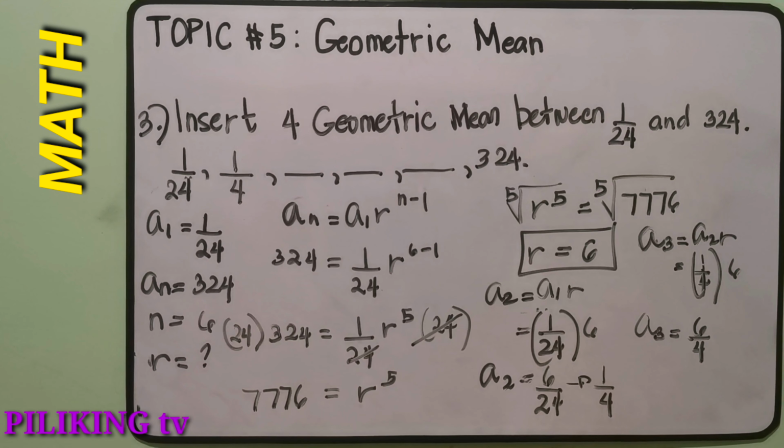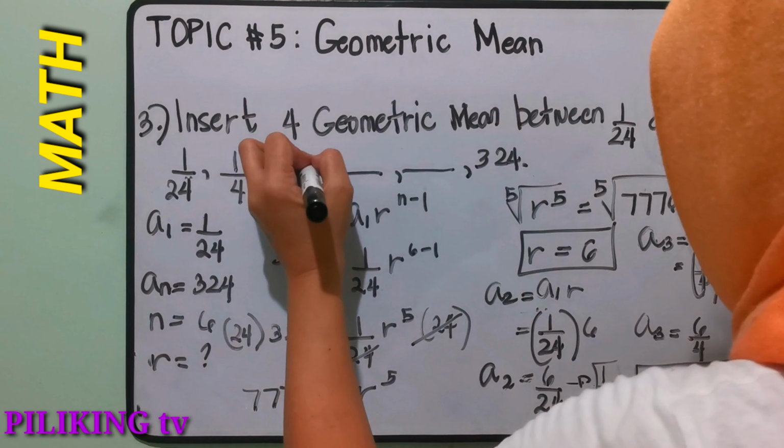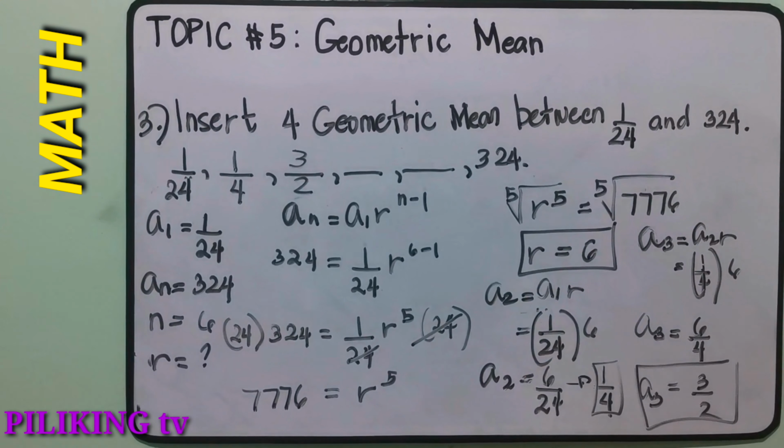Okay? 6 over 4 is divisible by 2. So therefore, that is equivalent to 3 over 2, or 3/2. So that is the third term. So this is 3 over 2.